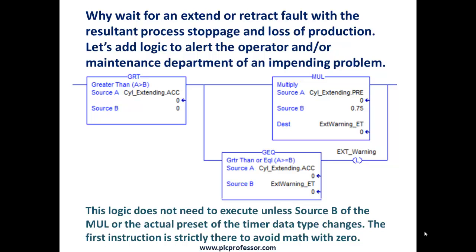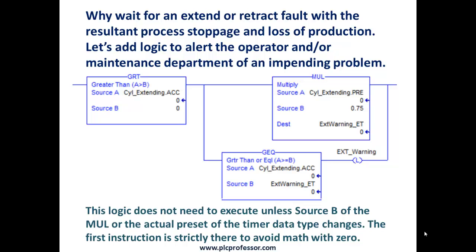I always preface this type of math with a greater than zero instruction to skip the logic if there's not going to be any logical result from executing it, and sometimes it avoids math faults, overflows, underflows, etc. So if you look at this, if the accumulate value is greater than 0, we actually take the preset, not the accumulate, and we're multiplying it by 75% or 0.75.